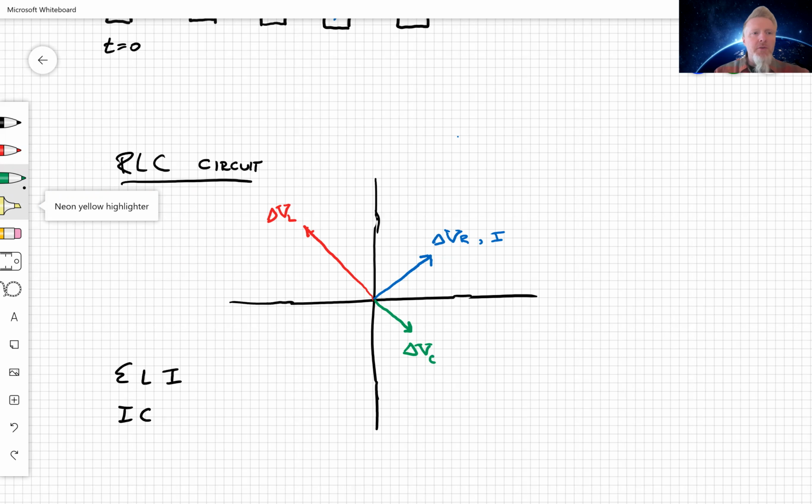So there's the VC. These things are at right angles to each other, like that. The voltage of the inductor is leading the current. The voltage of the capacitor is lagging the current. And then the question comes in, well, what's the voltage of the power source doing?